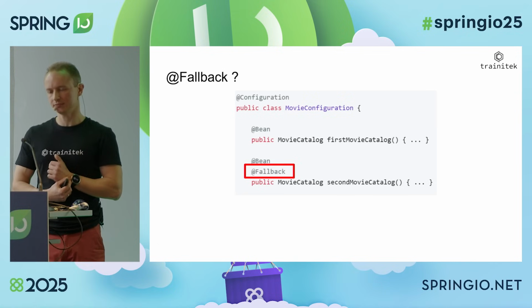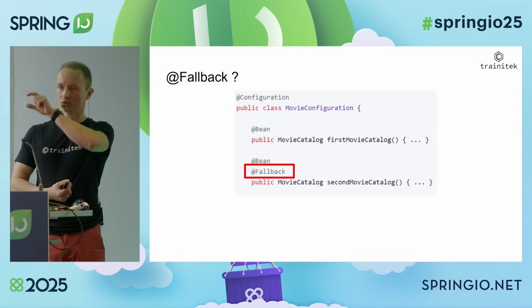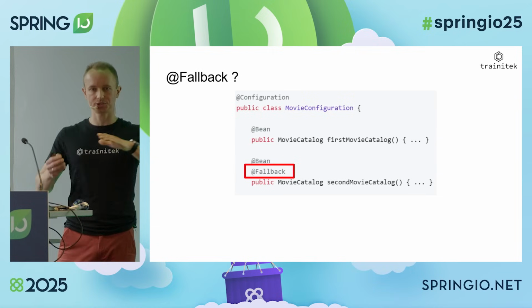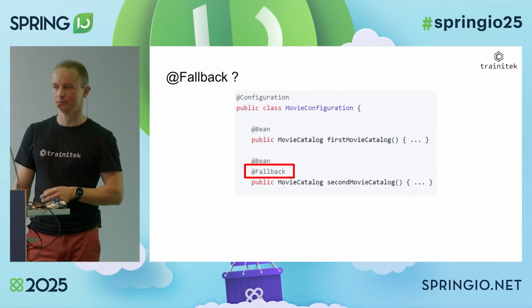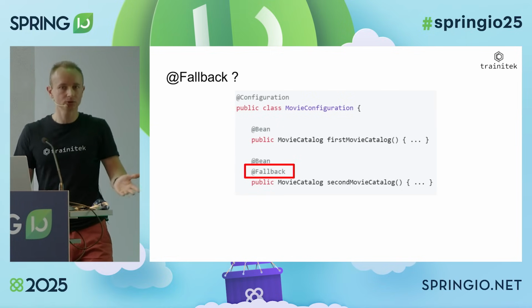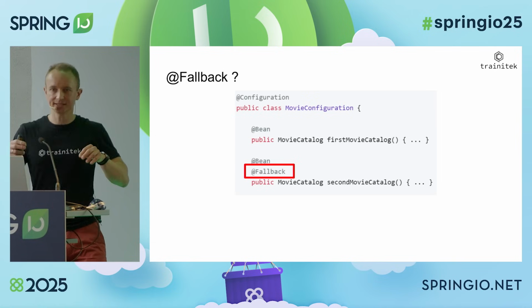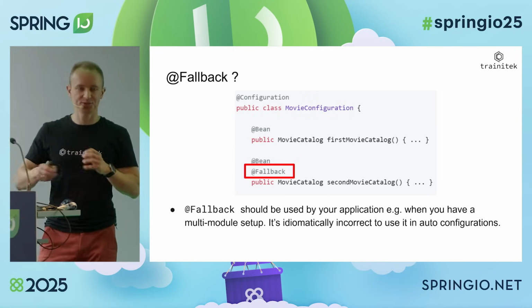As I remember, it has even lower precedence than the order annotation with the lowest priority. So if no bean is found, the fallback bean will be used. Some of you may think, maybe I can use this in my auto configurations because it looks similar. I would say that technically yes. However, this is not idiomatically correct.